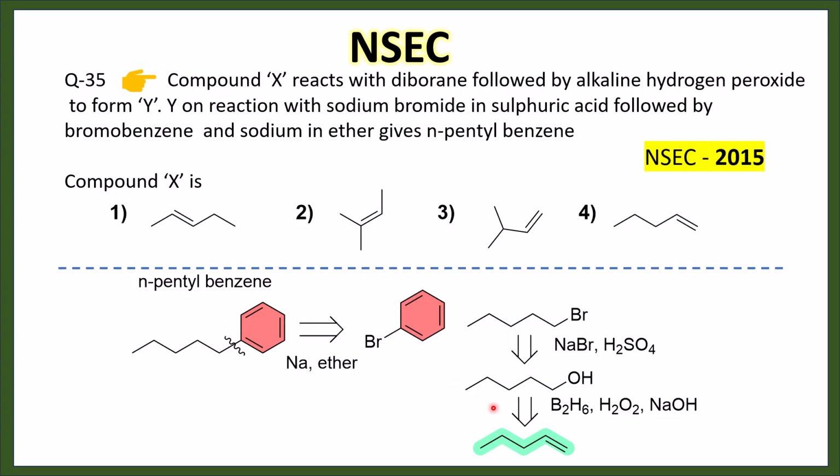Now this alcohol is again N-pentanol, and it is produced from an alkene by reaction with diborane and alkaline hydrogen peroxide. That means the less substituted alcohol is formed from the less substituted alkene. So here the correct option is this one.